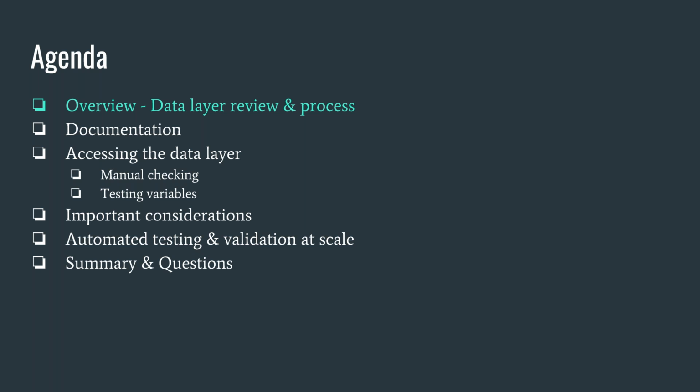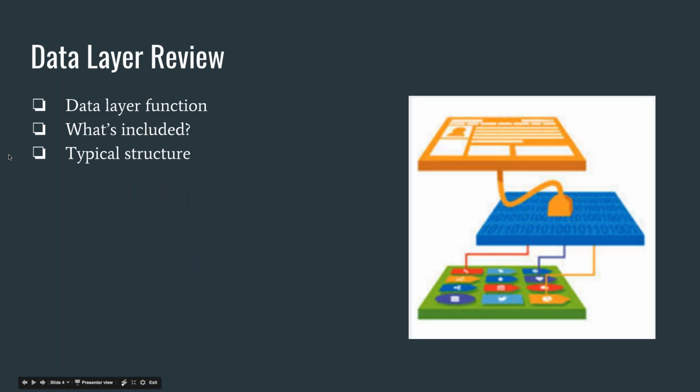So to get started here, in terms of the overview, just a quick review of the data layer, what it is, how it functions. I love this visual. I always give a shout out to, I believe it's Tealium that put together this visual, but we use it on most of our data layer webinars.